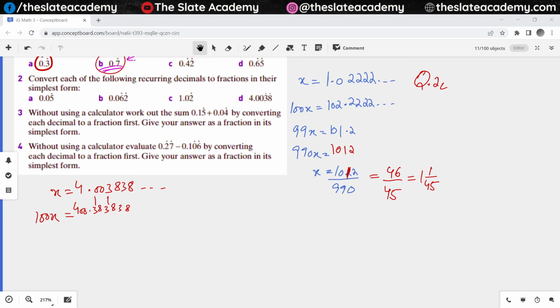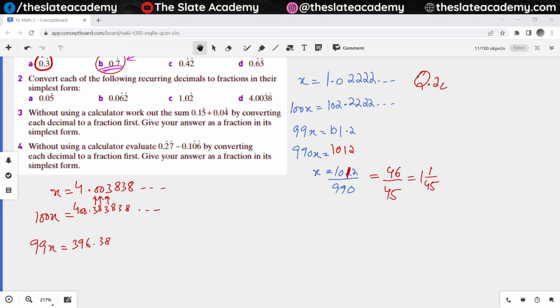So these align. Now if I subtract the two, I would get 99x is equal to 400 minus 4, that would be 396.38.